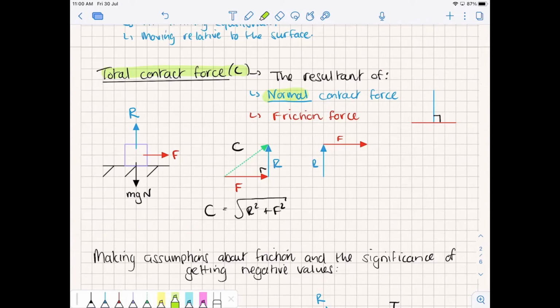Sometimes we'd also want to find the resultant angle. So what angle is this total contact force acting at? And usually we want to find this in relation to the normal contact force.